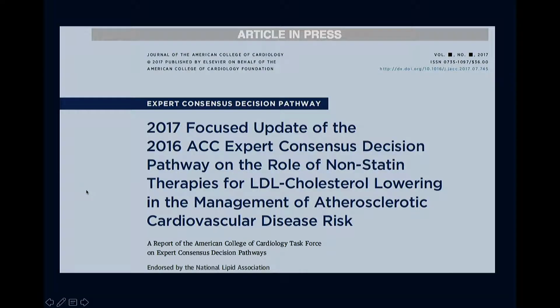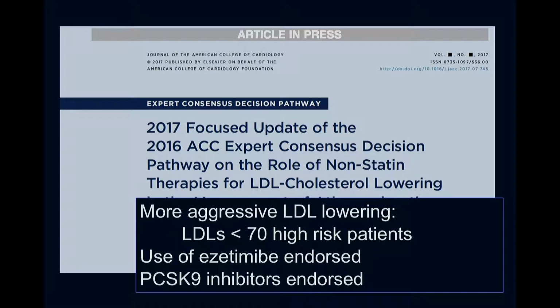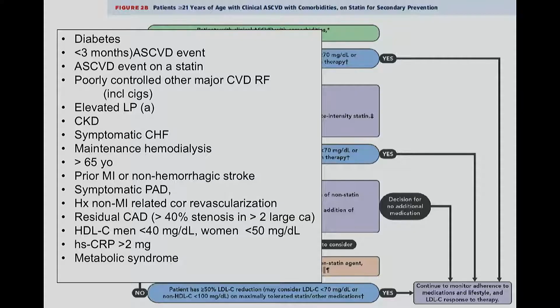We have had one update to guidelines that did begin embracing non-statin therapy like ezetimibe, and situations where you might consider that, and also beginning to think about PCSK9 and when you would do that. And the case was made here that LDLs under 70 are reasonable and patients are considered high risk, and the use of these agents was endorsed, whereas the prior guidelines had not.